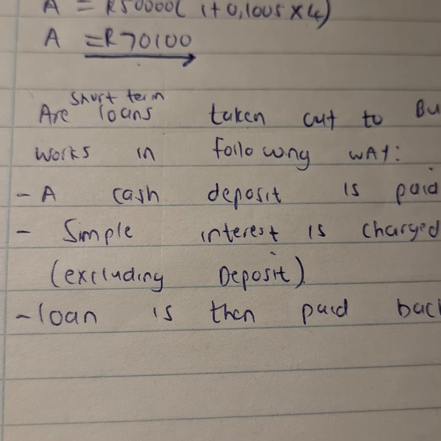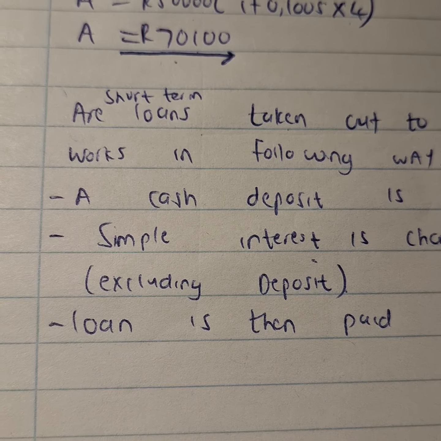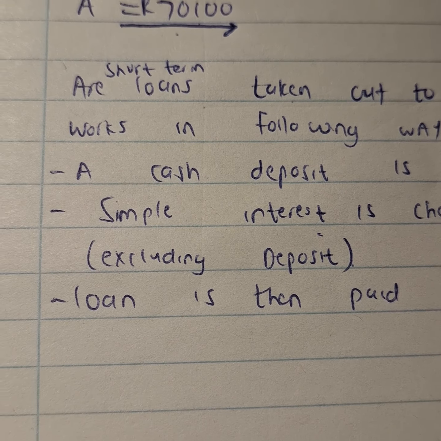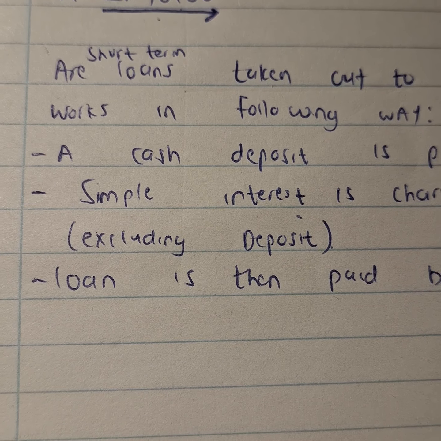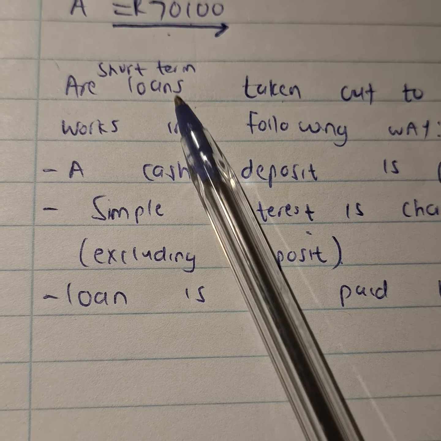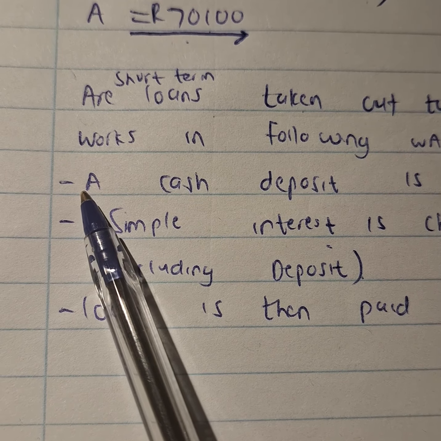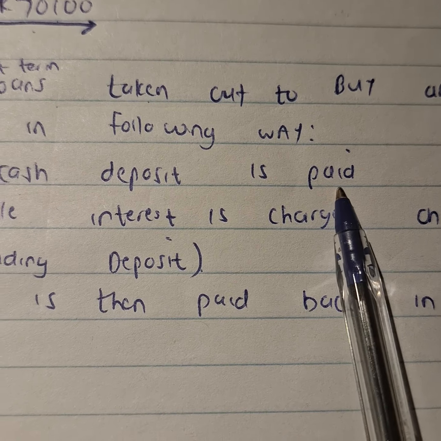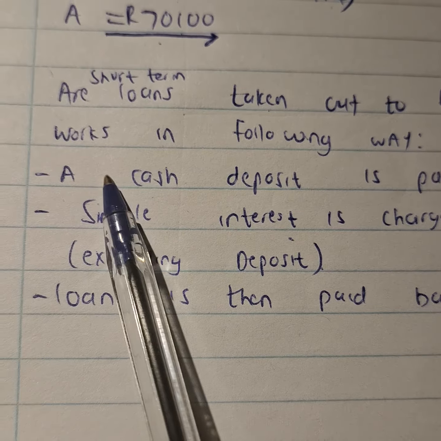Obviously, the person in question would not have the full cash price to pay for that item, so they take out a short-term loan. So how does it work? One, a cash deposit is paid.